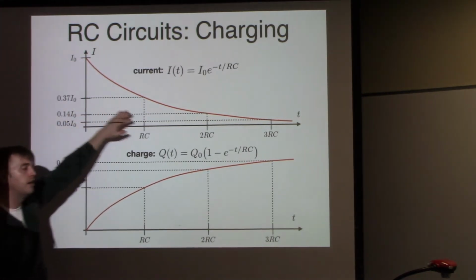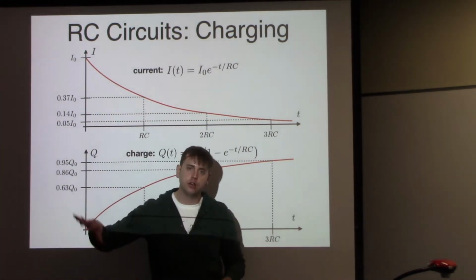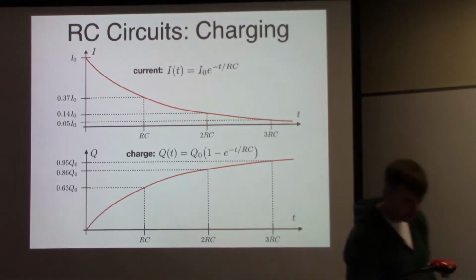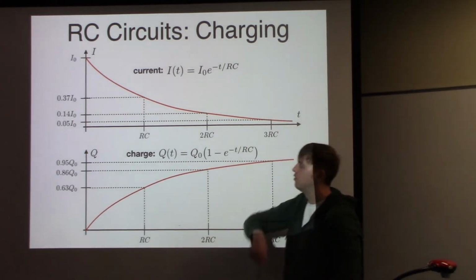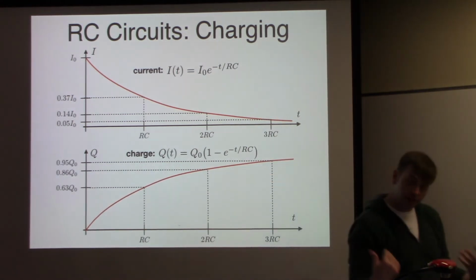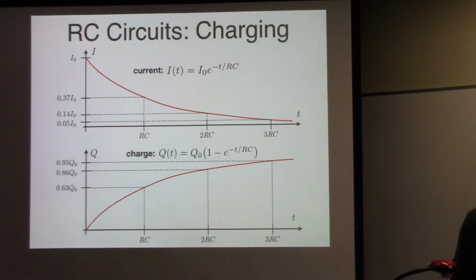Just like the current, basically, at some point is going towards 0. Okay? But what I want to show you next is that the number R times C that appears in these equations is telling you how quickly the charging is happening. Like how fast does it charge up? Does it do it really quickly or really slowly? RC has something to do with that.